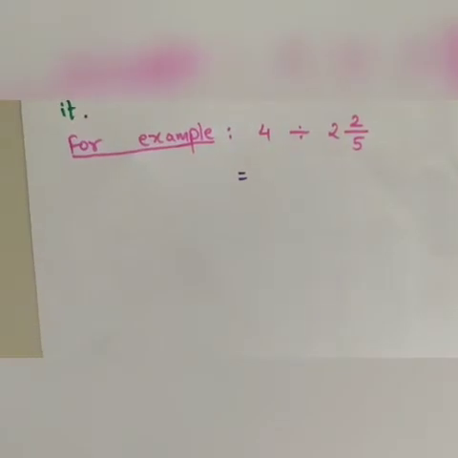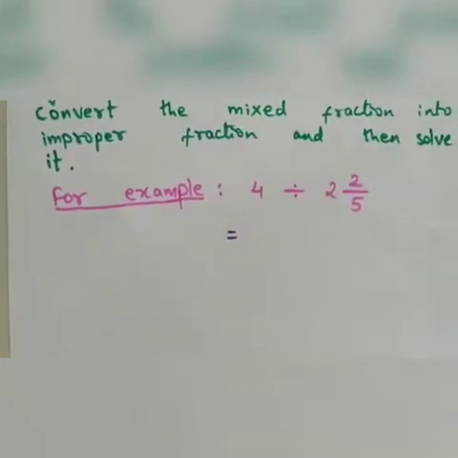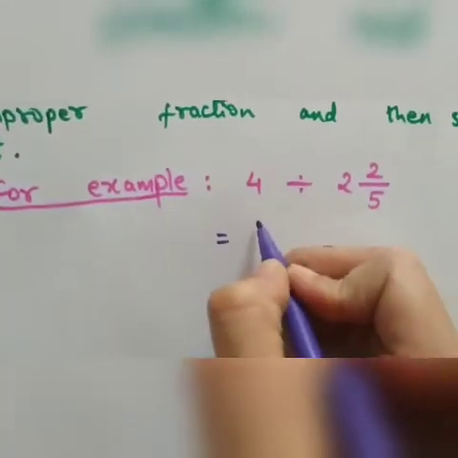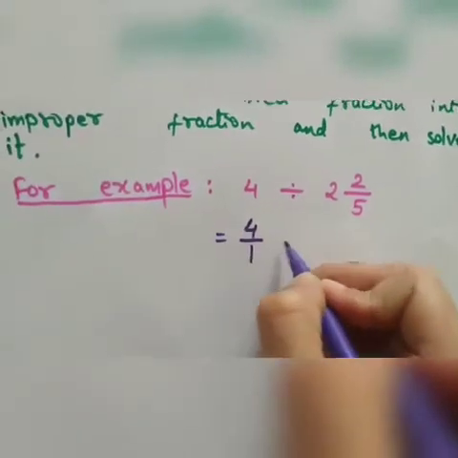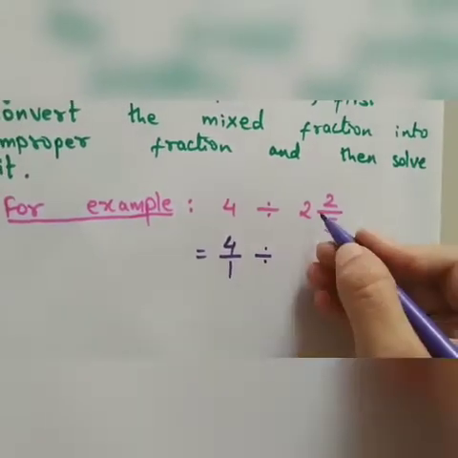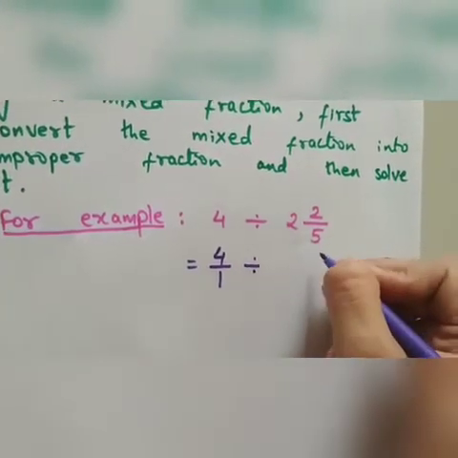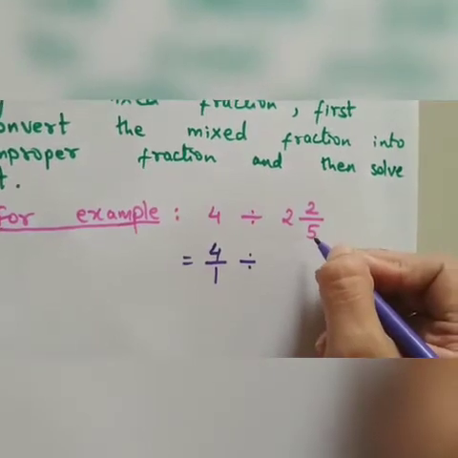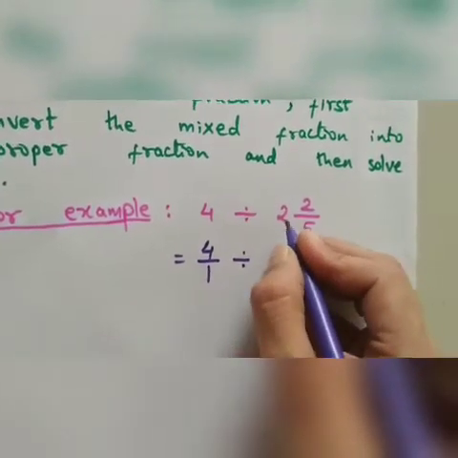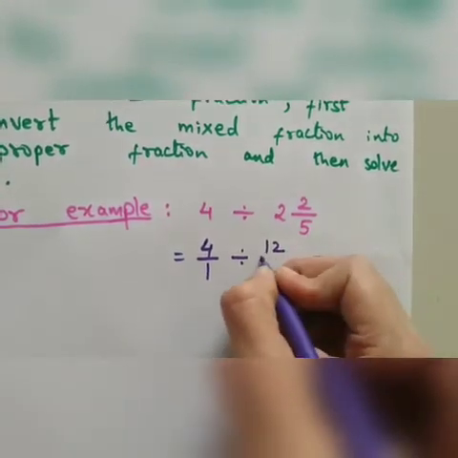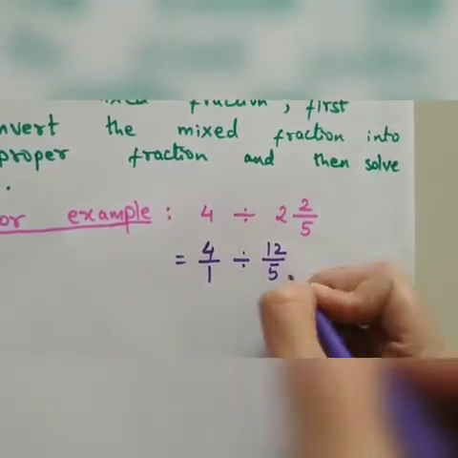Okay, and here it is a mixed fraction. So how will you solve it? Same procedure. 4 can be written as 4 by 1. Divide sign as it is, and we first convert this mixed fraction into improper fraction. So how will you convert? 5 2s are 10, 10 plus 2 is 12, divided by 5, denominator as it is.